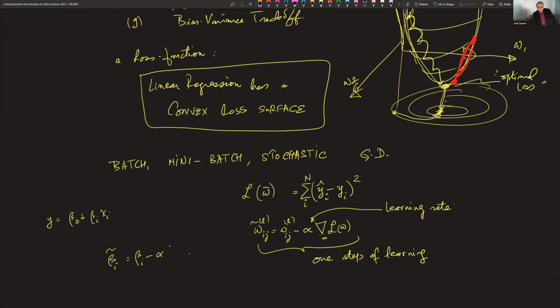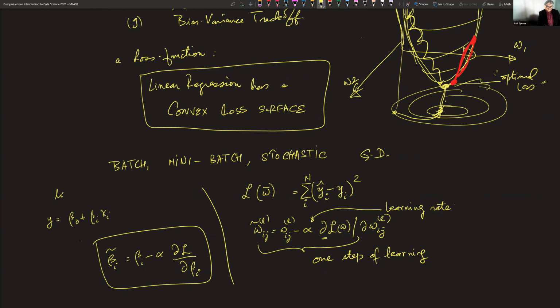In other words, it would be this, Wij of the layer L. So this used to be beta i, if you remember, for linear regression. This used to be an equation.